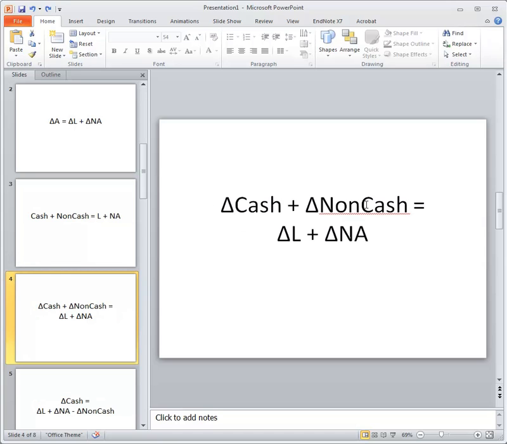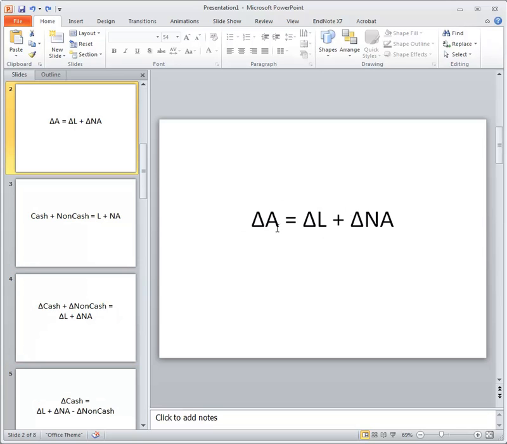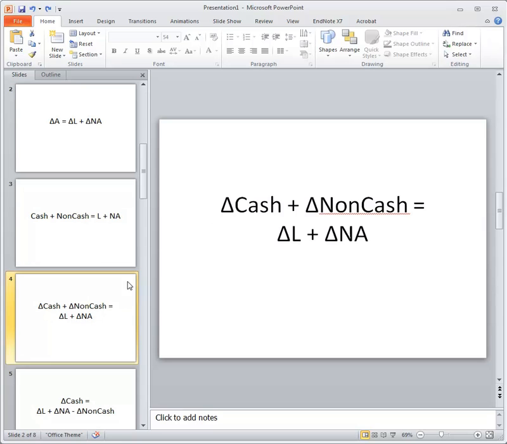Change in cash plus change in non-cash is equal to the change in liability plus the change in net assets. This formula here is the same as this one. Change in assets is equal to change in liability plus change in net assets. It's just that when we divide the assets into cash and non-cash, we're just separating those two different types of assets out.